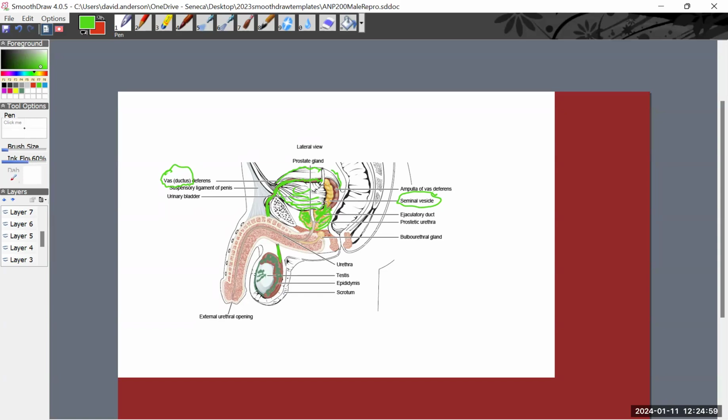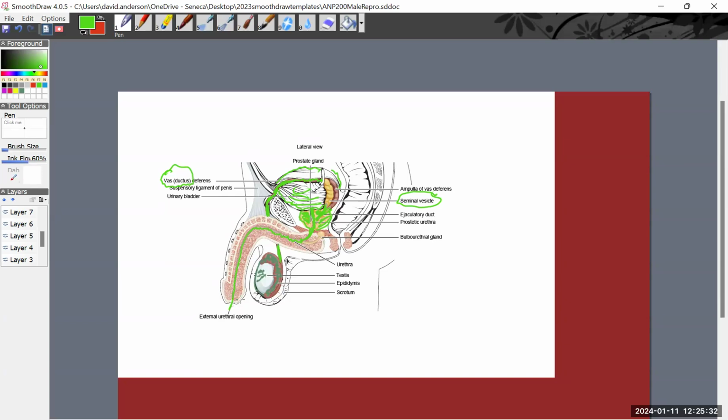Now, what's going to happen within the prostate gland is that the two ejaculatory ducts are going to join with the urethra. The urethra is a tube system that drains the bladder into the penis for urination if we're following the urinary system, but joins with the urethra within the prostate gland to connect the duct system of the male reproductive system as well.